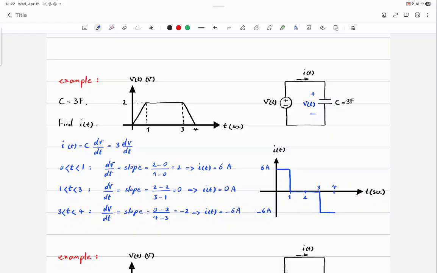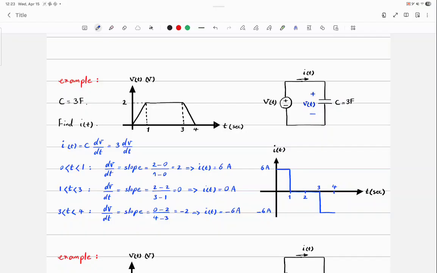So I want you to remember, for capacitor, what cannot change abruptly? Voltage. For inductors, how about inductors? Current. So voltage for inductors and current for capacitors, they can change abruptly, no problem. For example, for resistors, what quantity cannot change abruptly?